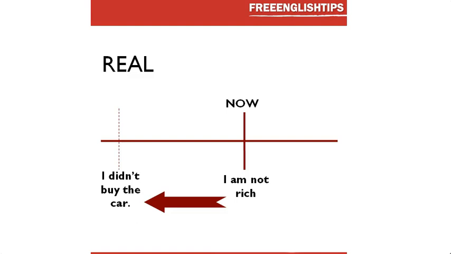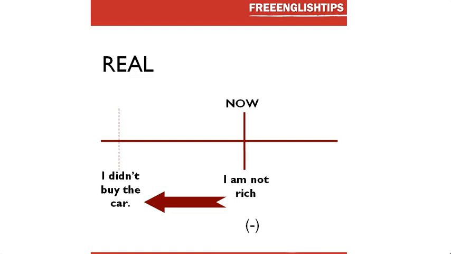Can you see how one part of the sentence is now? It's I am not rich, so I didn't buy the car yesterday. Something in the present affects something in the past. This is important because we need to create a mixed condition. We have to mix condition 2, now, with condition 3, in the past.